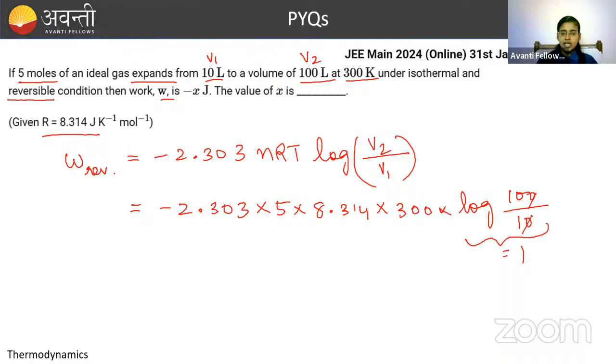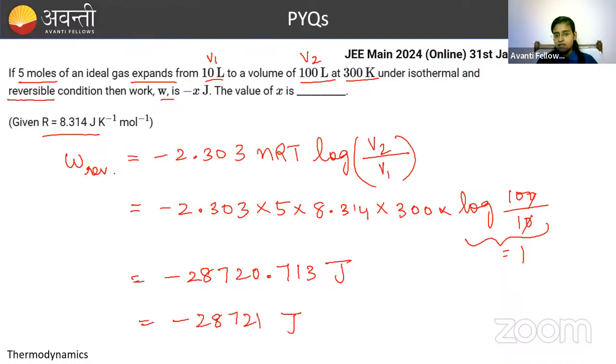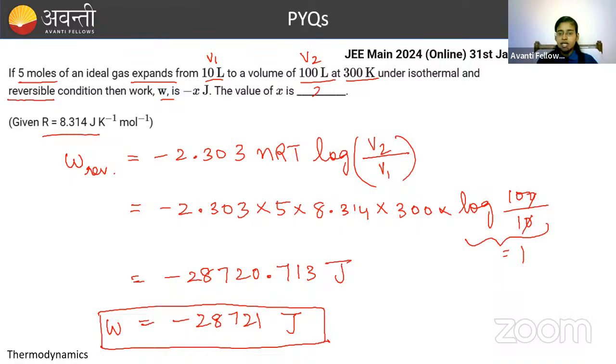Then by multiplying the entire value, we will get 28720.713 joule. If I round off the decimal, I will get minus 28721 joule as the work done for this reversible case. So the value of X is 28,721 joule. Clear? Direct substitution into the formula.